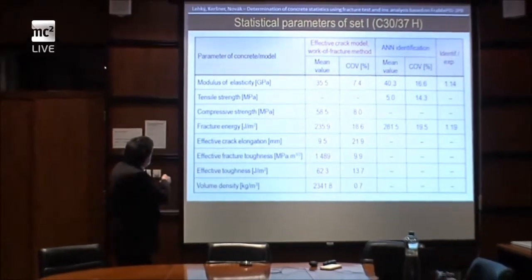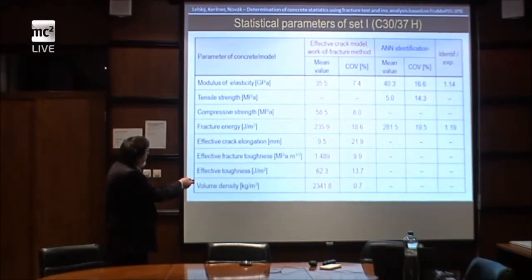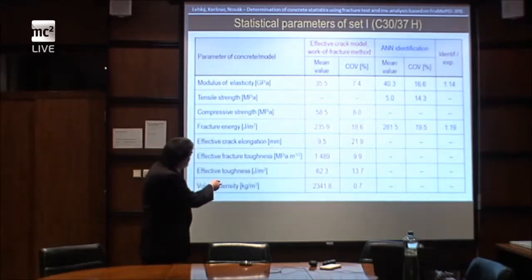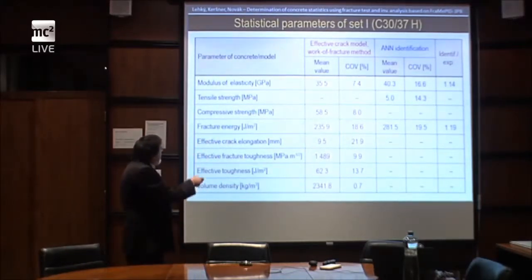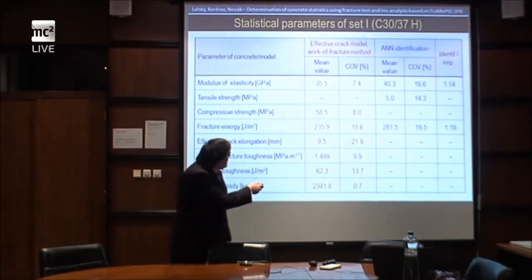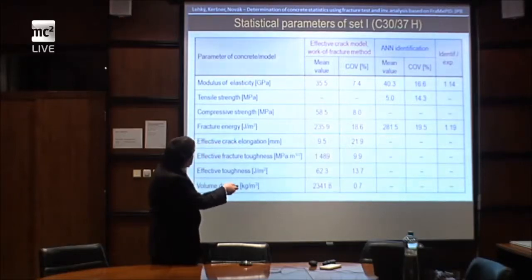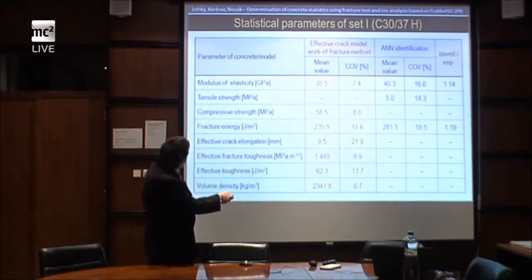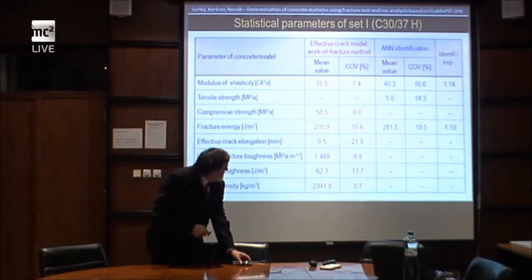The beauty is that tensile strength can be captured, because a tensile test is always difficult, almost impossible to do under normal conditions. And some parameters evaluated by the work of fracture technique correspond quite well. Identification and direct experiment are in very good agreement in this case.